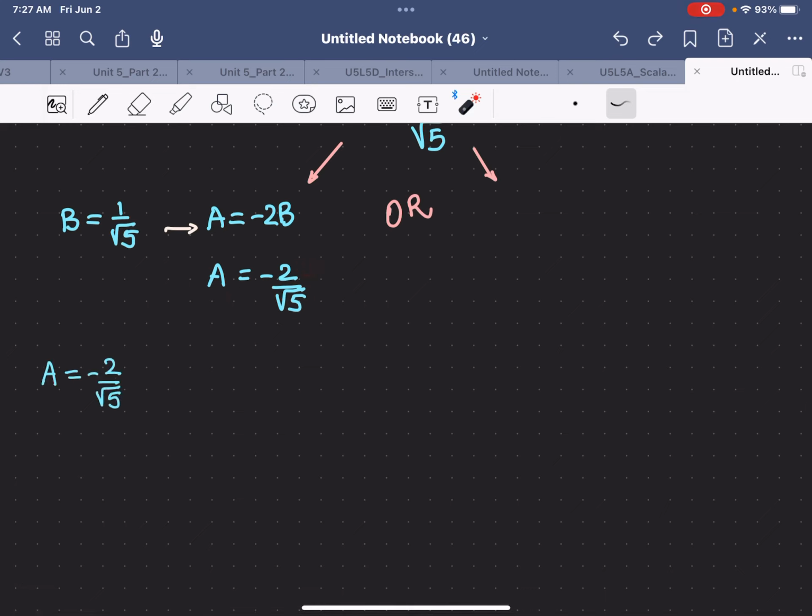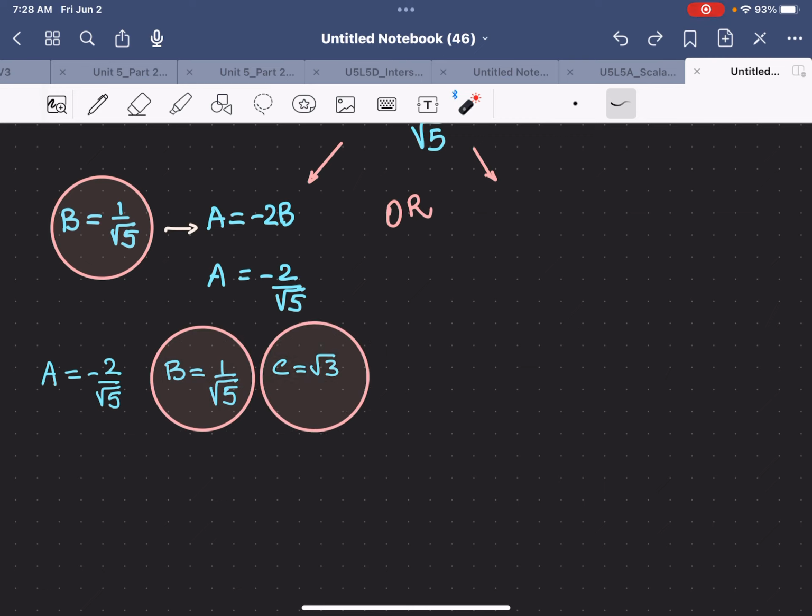Therefore, a is negative 2 over root 5, b is 1 over root 5, c equals root 3. And that tells us that we have disclosed all three coefficients of the plane pi 2, which makes the equation of plane pi 2 negative 2 over root 5 x plus 1 over root 5 y plus root 3 z equals 0.